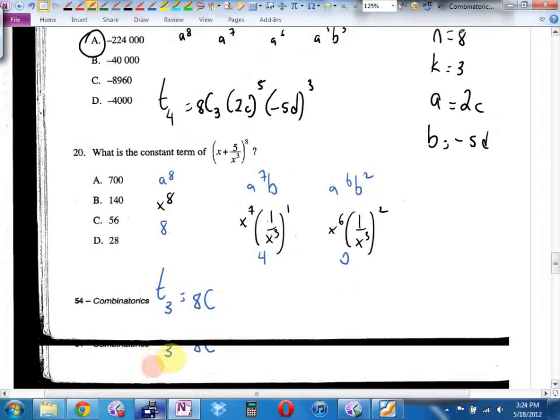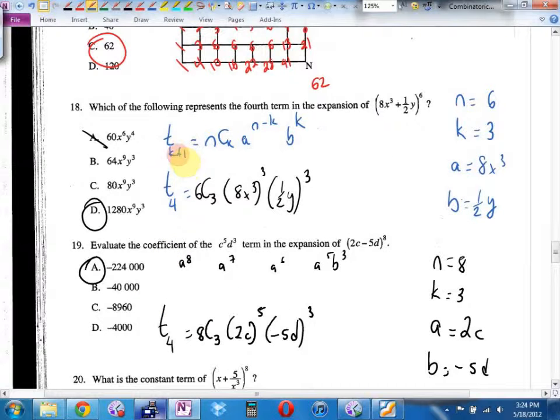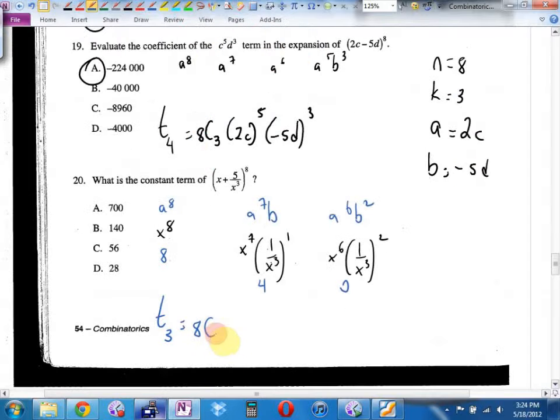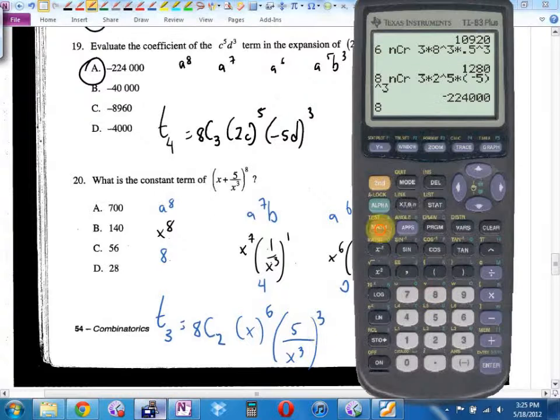If I want the 3rd term, Brett, what do I want k to be? 2. a to the n minus k. b, now I'll include the 5 because now I'm at my final answer, to the k. Looks like I'm going to get 8 choose 2 times 5 to the 3rd.